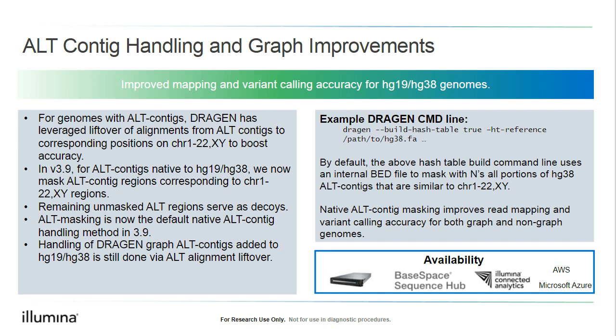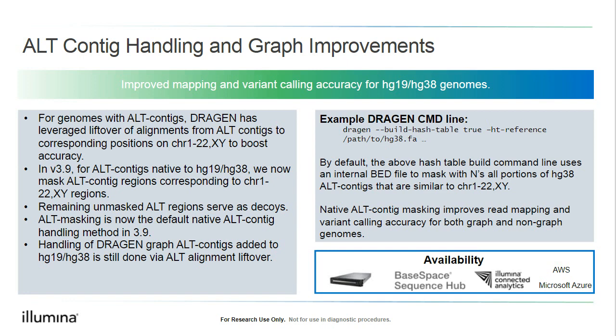And that helps boost the accuracy for sure. However, in 3.9, we are now using a masking approach for those alternate contigs, and the remaining unmasked alternate regions do serve as decoys as well. Essentially, that helps us improve the mapping, and that trickles down into the variant calling to improve the variant calling accuracy as well.